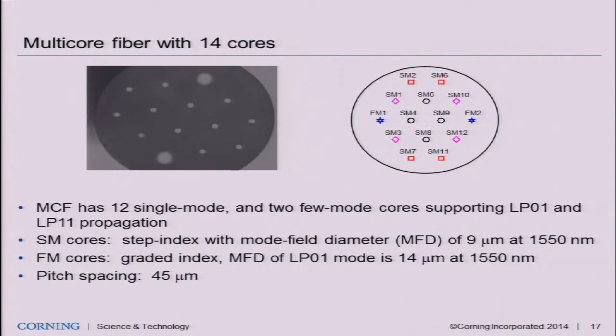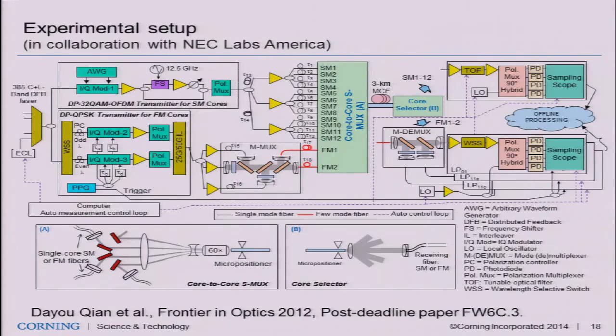This is one fiber, a 14-core fiber we made, which has 12 single-mode cores and 2 few-mode cores. We wanted to show both multicore transmission and few-mode transmission in the same fiber. So again, we did a transmission experiment with NEC using this 14-core fiber.